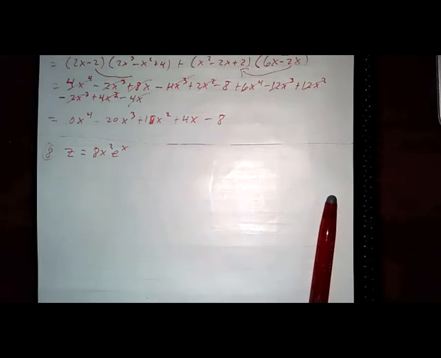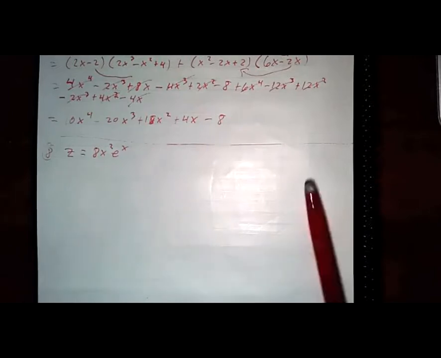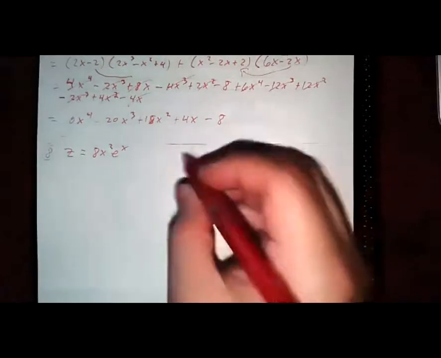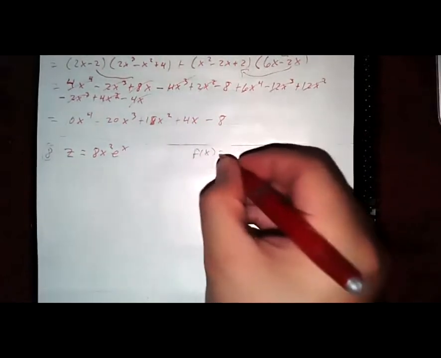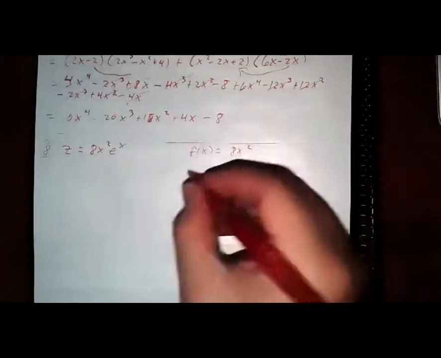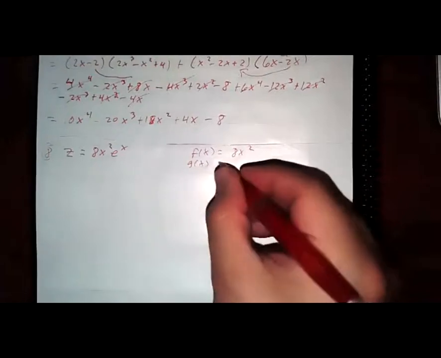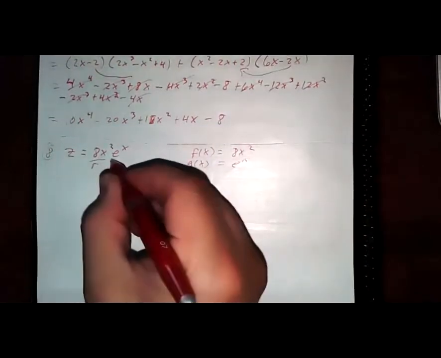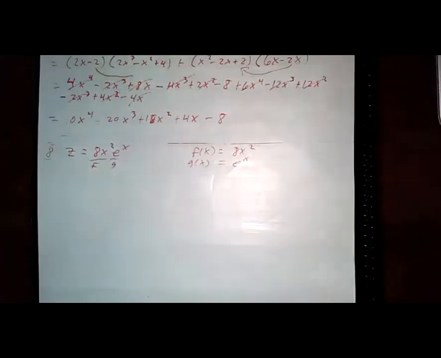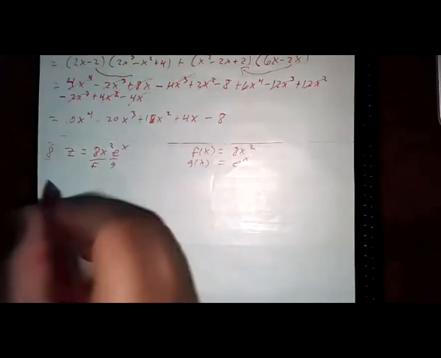One moment, guys, sorry. All right. So f, we'll call the first one. g of x is just the second piece. Is it equal to z? Yeah. Okay.